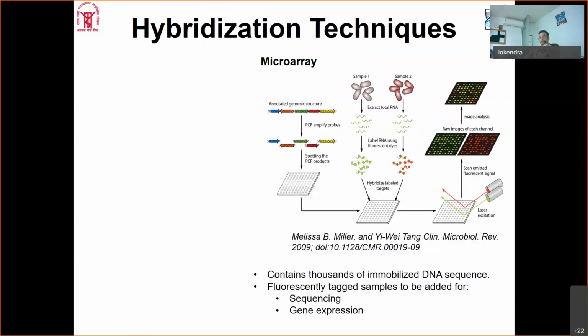Another hybridization method is more advanced, that is called microarray. Again, it is a modification of southern blotting. In southern blotting, the DNA is attached to a matrix or the membrane, and then you hybridize with the probe.